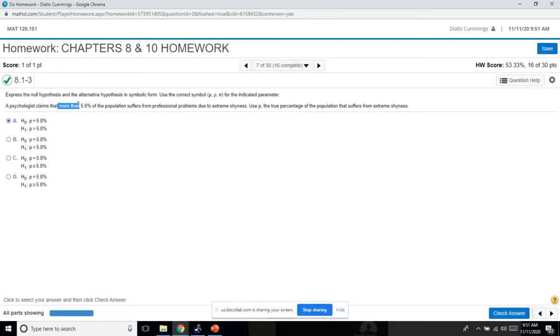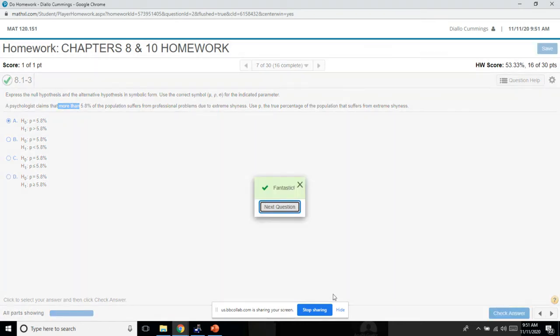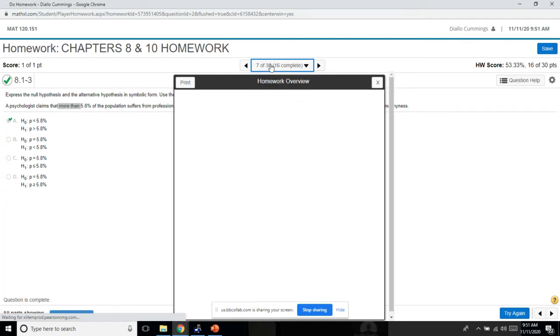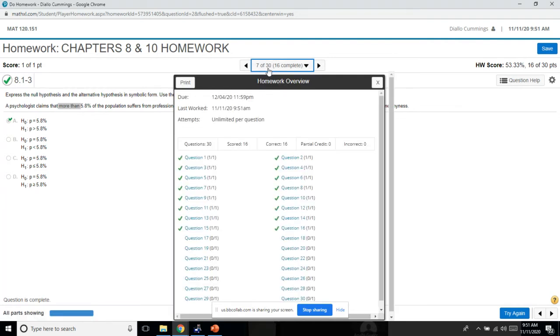If I think about more than 5.8%, I'm thinking about something that is greater than 5.8%. So I believe my correct answer choice here would be answer choice A. Remember that the null hypothesis is always equal. In this case, for our alternative hypothesis, we're going to choose more than, which is the greater than inequality. I'm also going to take a look at number 11.